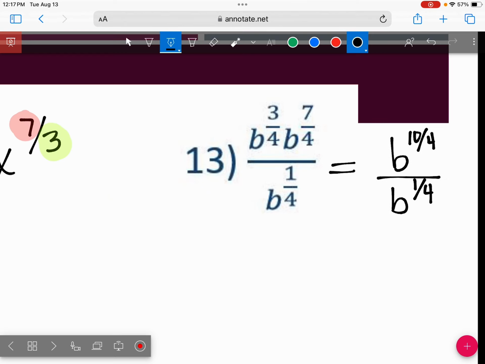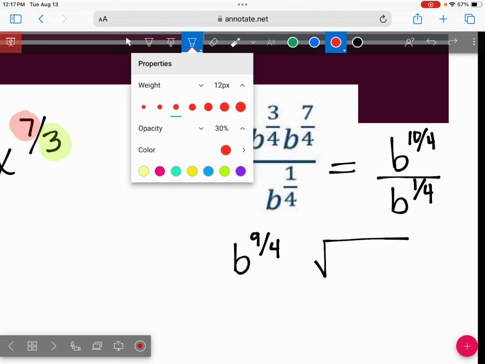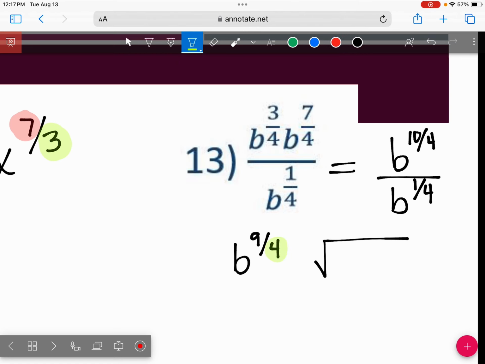So now we have b to the power of 9/4. Let's go ahead and write this in radical form. This is my index. So that's going to go here. And then this is my power. So that's going to go underneath.